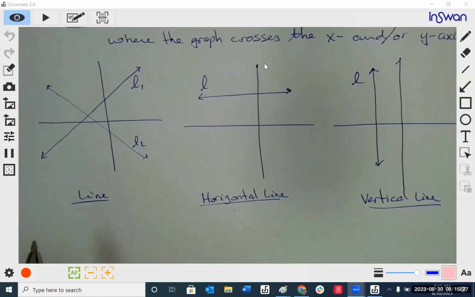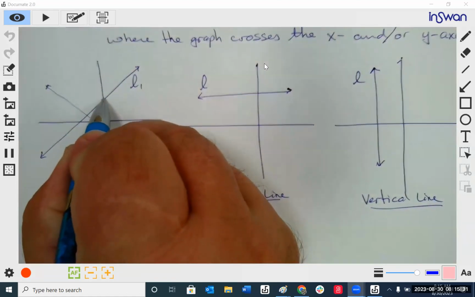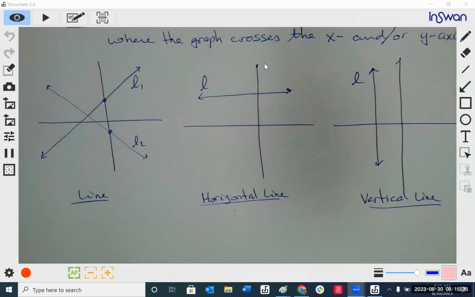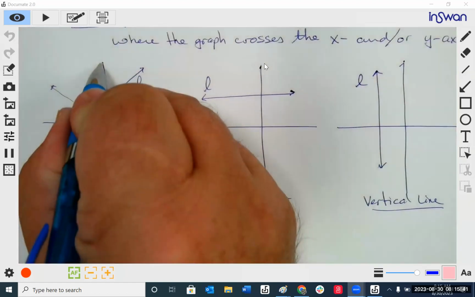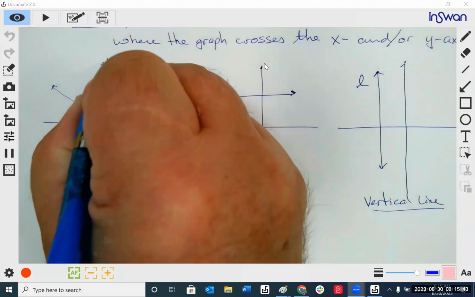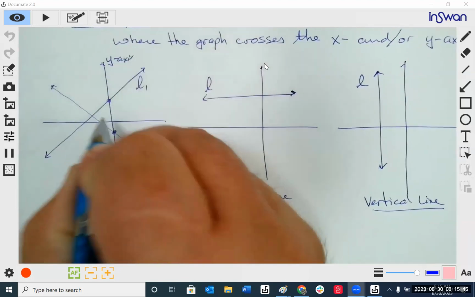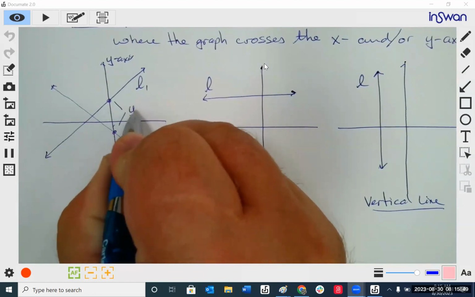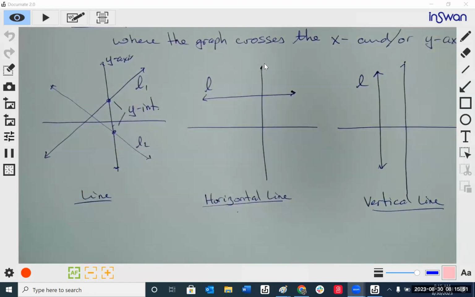So, the intercepts. These 2 points are called what kind of intercepts? What line are they crossing? Yeah, they're crossing the y-axis. So these 2 points are the y-intercepts.